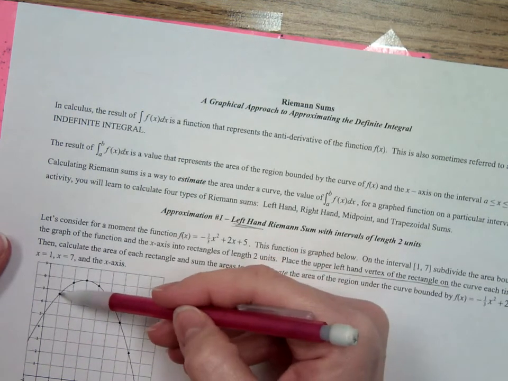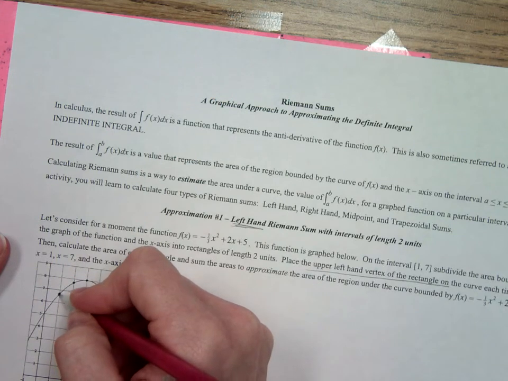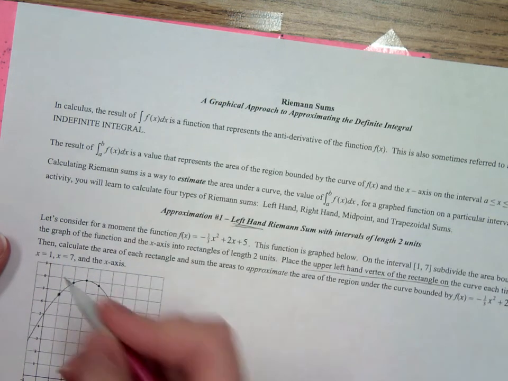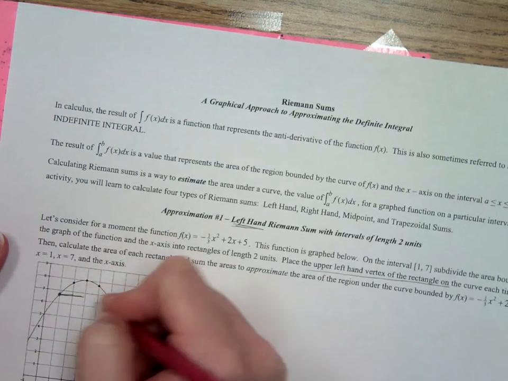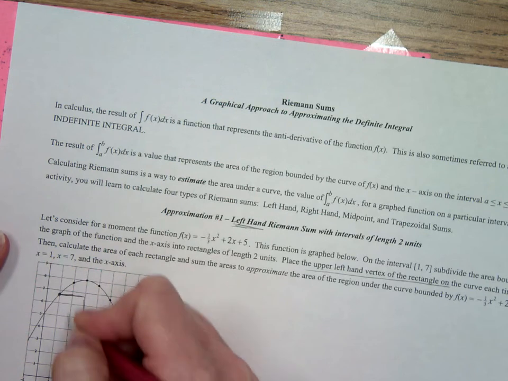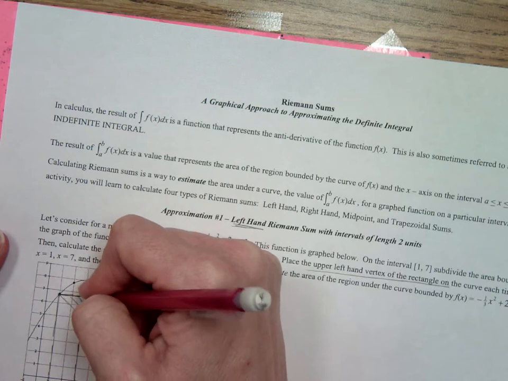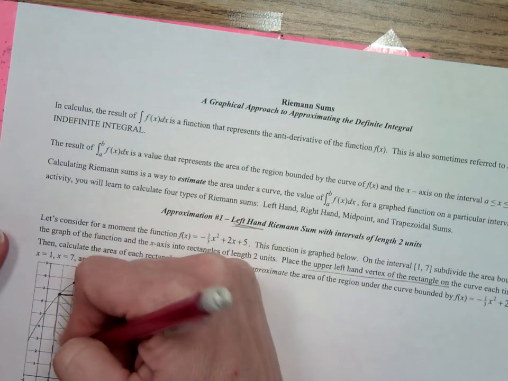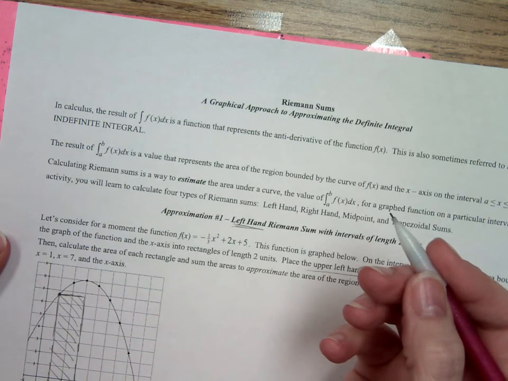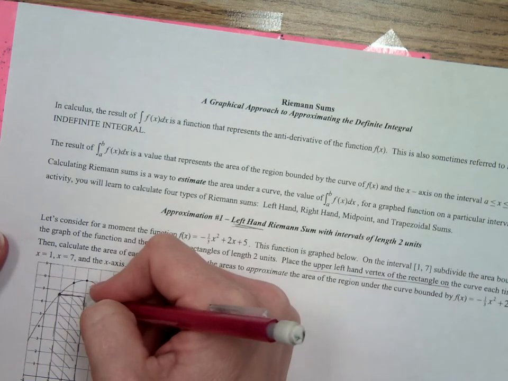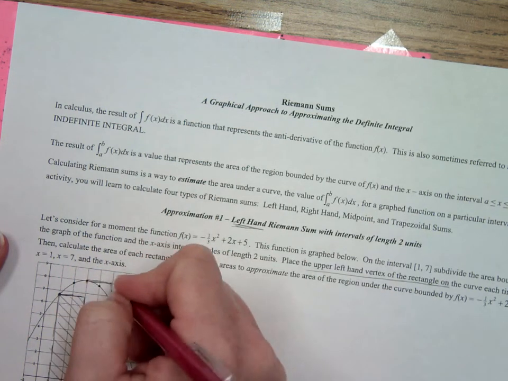We've got these points here. We're going to use these points. We're going to start right here with this one. How wide did he say the rectangle needed to be? 2 units. So the left hand is right there. It's going to go over 2. And this right here is one of my rectangles. Now that goes to here. So I need another rectangle that starts right here and goes out 2.